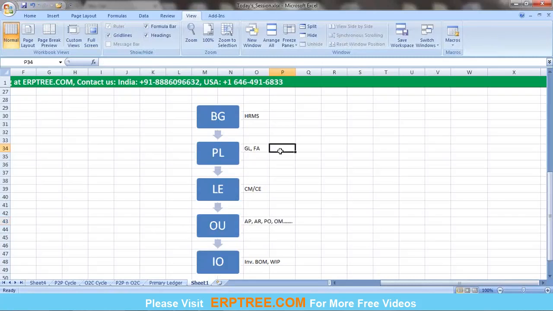So the point here is that the level at which we prepare the financial reports is OU level, but the place where we prepare them is general ledger. So OU specific data will be sent to general ledger, and within the general ledger application we will be preparing the reports. This is the point we have to understand.